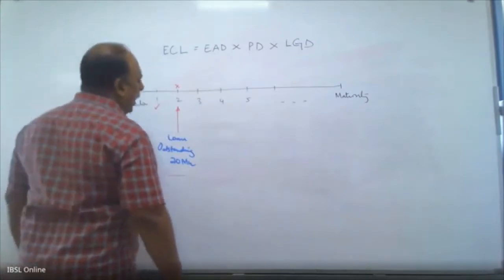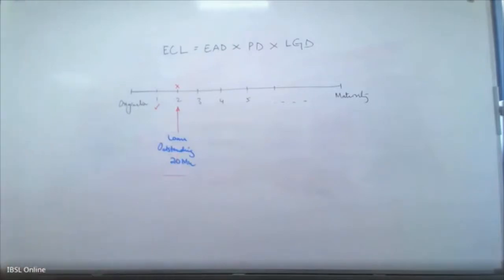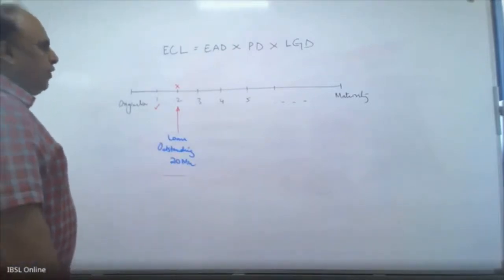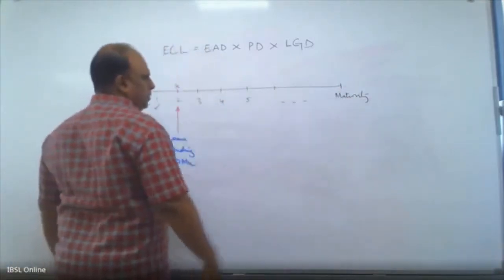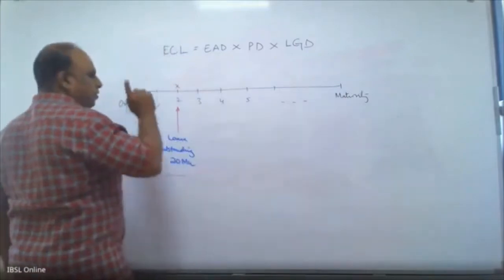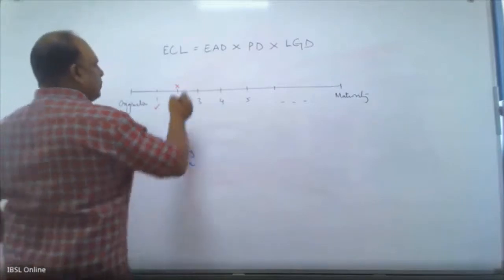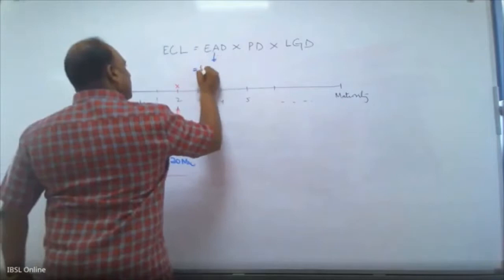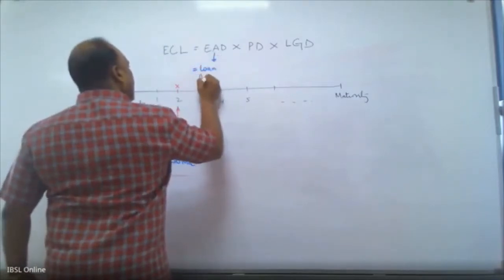So now, as at the reporting date, that is when you are preparing the financial statement, you have to see from that date, when you discount all the future installments to this date, what would be your loan outstanding? So basically, I'm saying this is the loan outstanding.